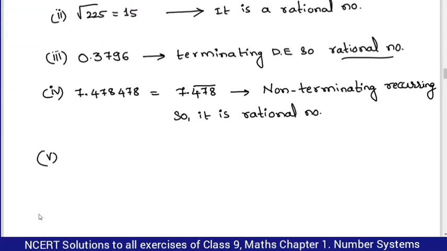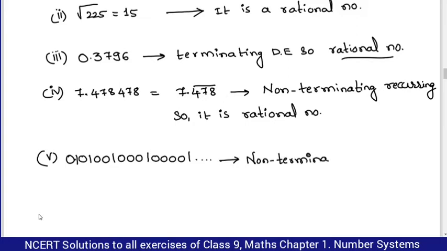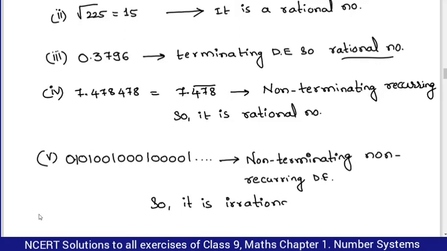Fifth one, 0.10100100010001 and so on. Then it is a non-terminating, non-recurring decimal expansion. If it is non-terminating and non-recurring, then it is an irrational number.